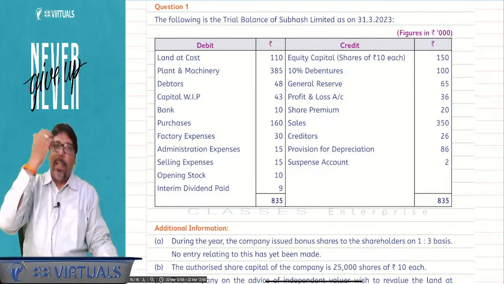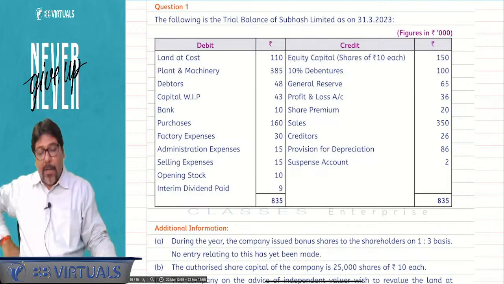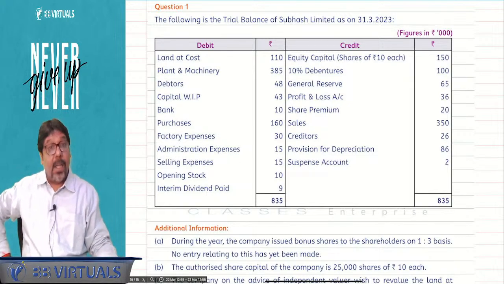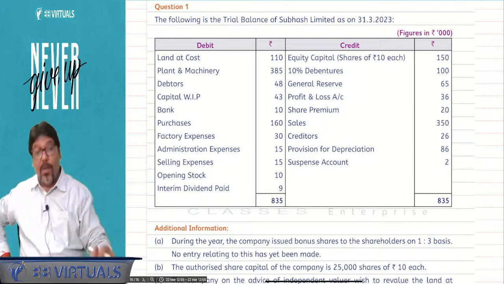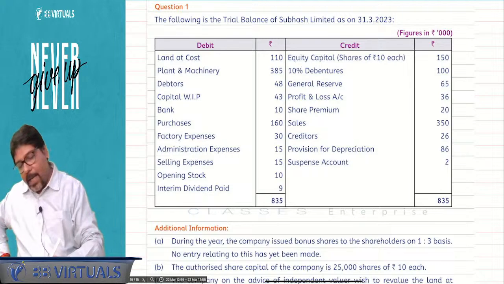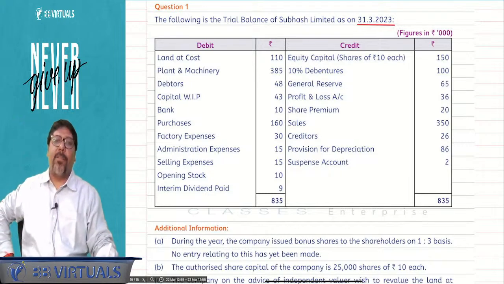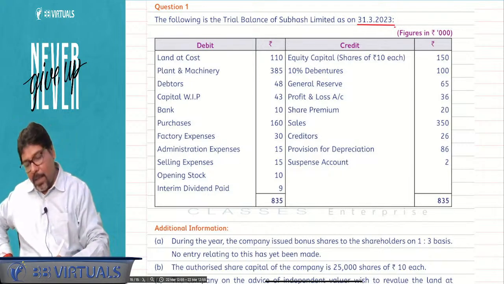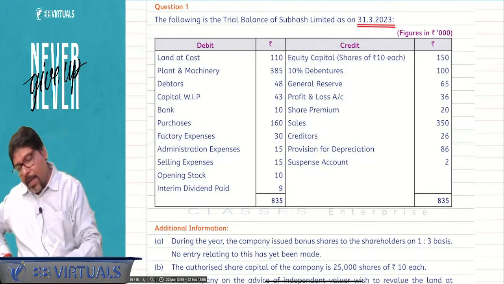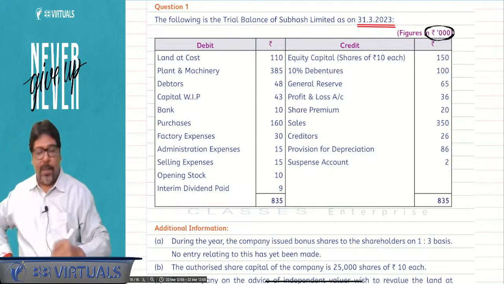Yes, sir. Now, the following is the trial balance of Subhash Limited as on 31st of March 2023; this came recently in the exam also. The year ending is 31st of March 2023. Figures are in thousands.